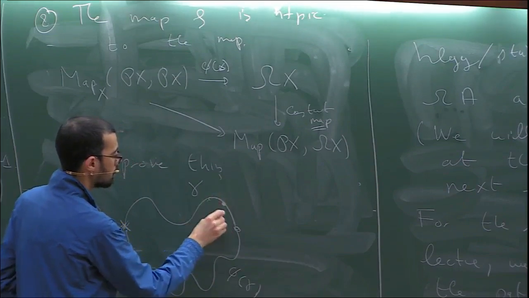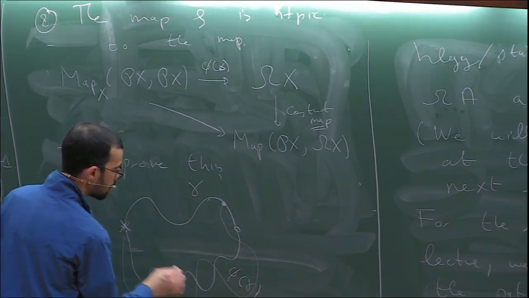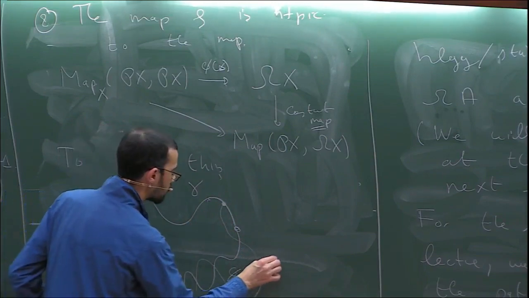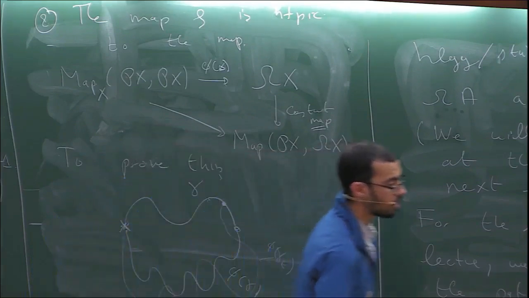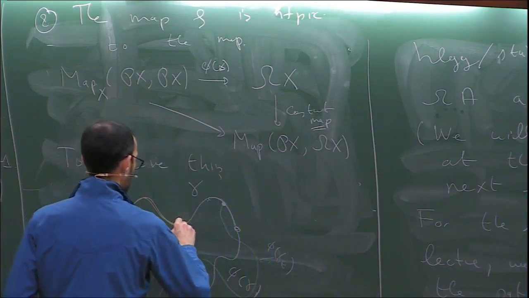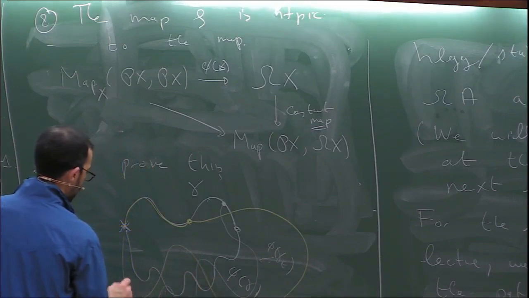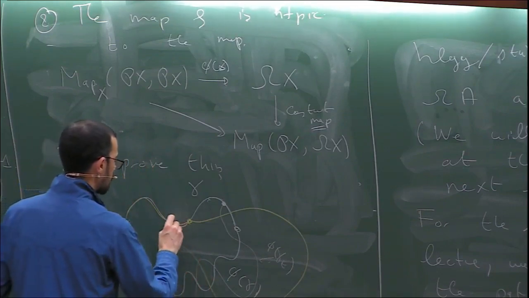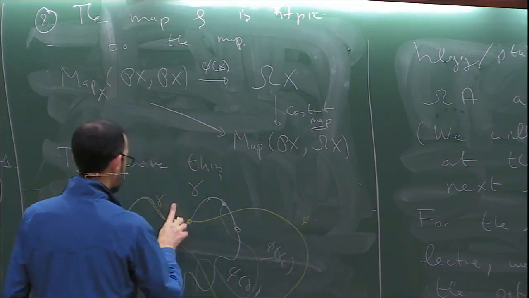As you retract it, you get something else, maybe it's better if I use colors. Gamma, phi of gamma t. I'll use another color for another one. You retract it further, and you get some other loop. Maybe it travels a lot. This is gamma t. This is phi of gamma s maybe.